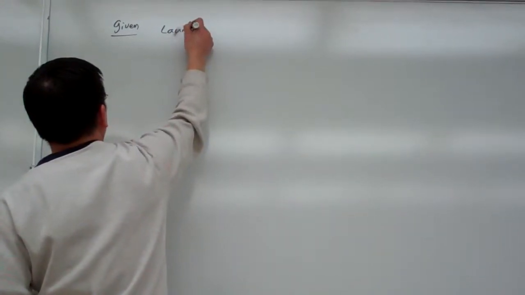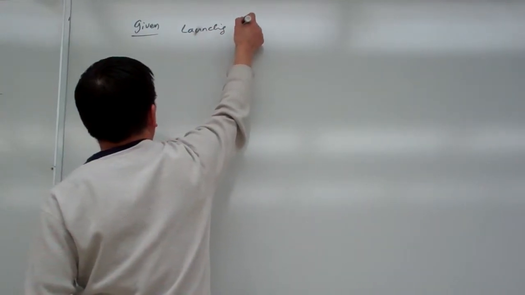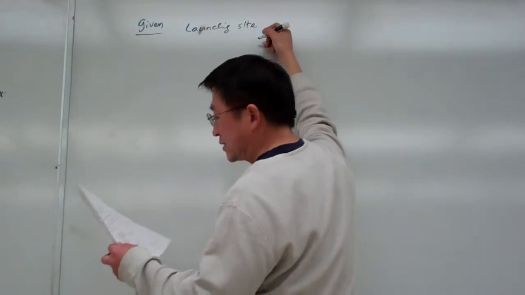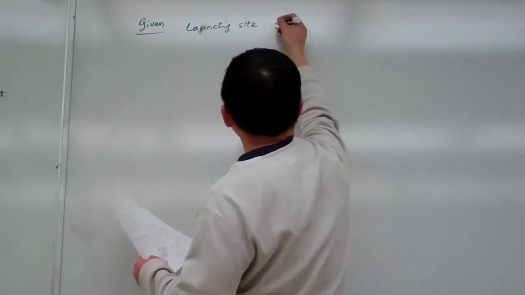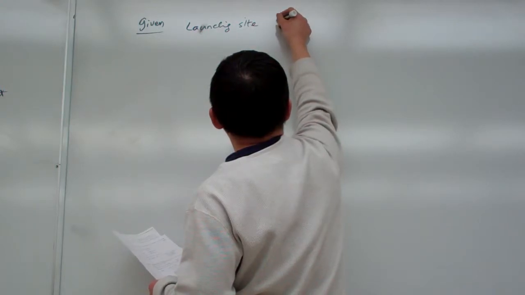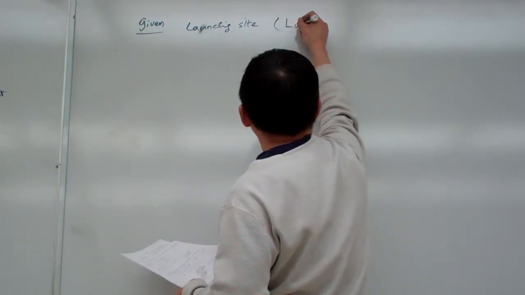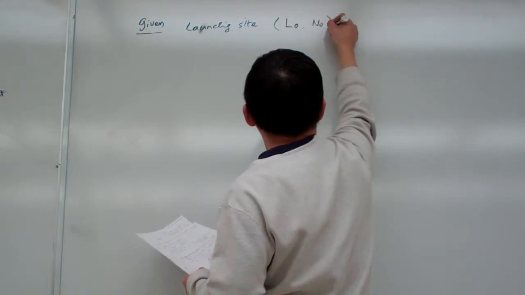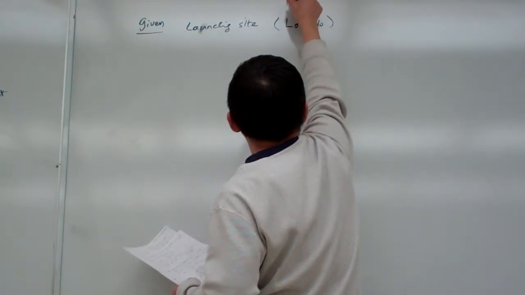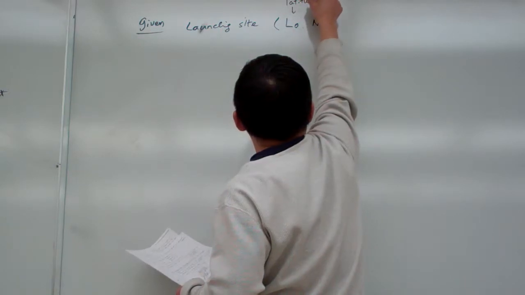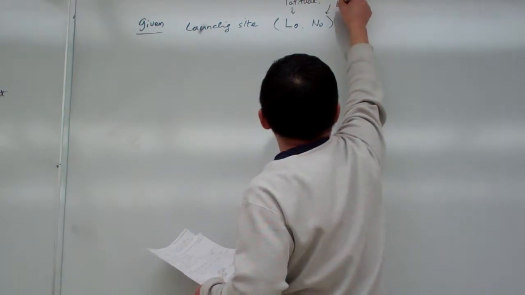We are given the launching site, and for the launching site we have the longitude. Usually it is latitude first, and then longitude. So that is the latitude. This is the longitude.